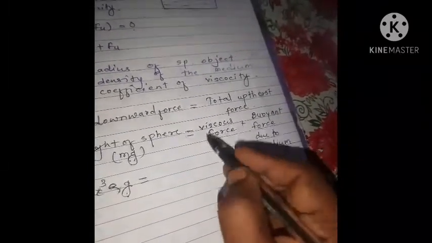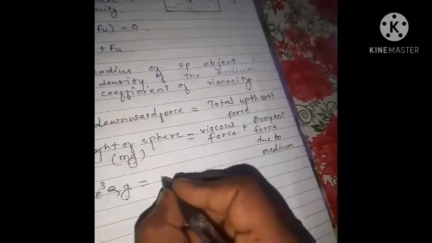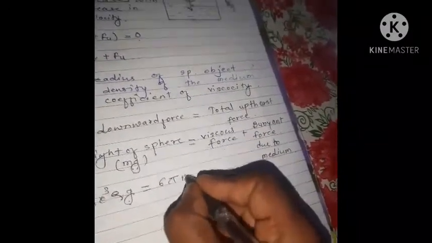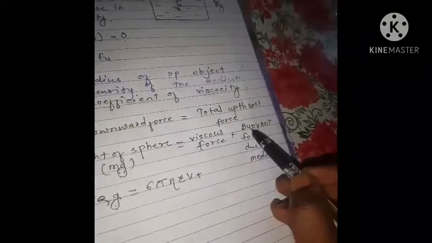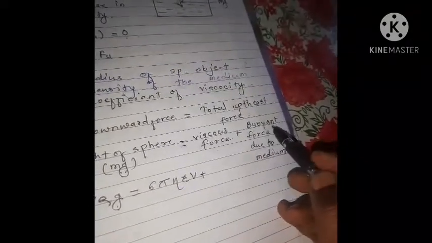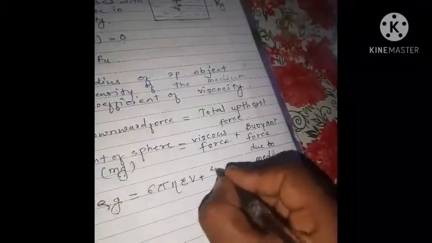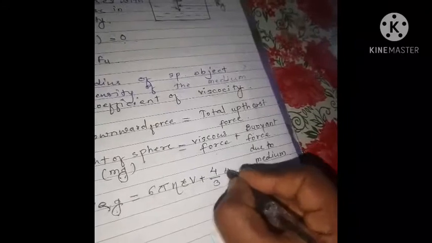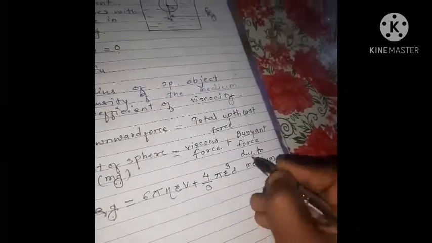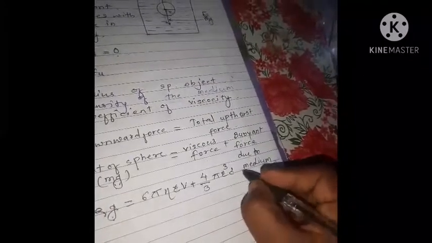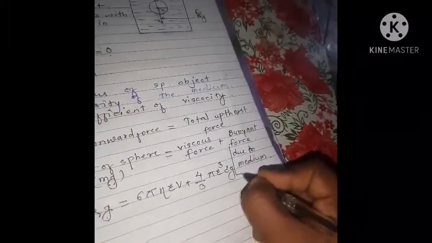For the viscous force we have derived an expression, 6 pi eta r v, plus the buoyant force, the upward force, 4 by 3 pi r cube into density of the medium into g.